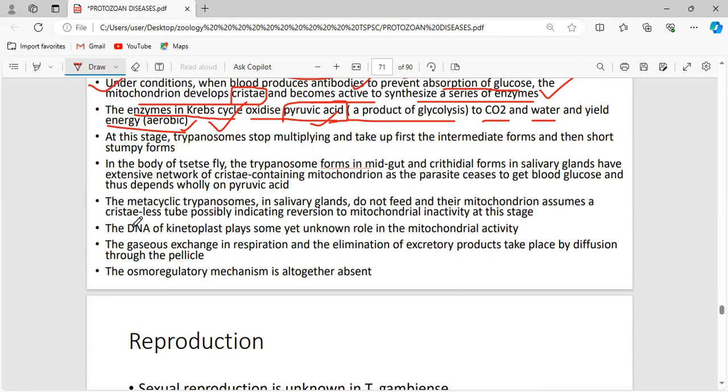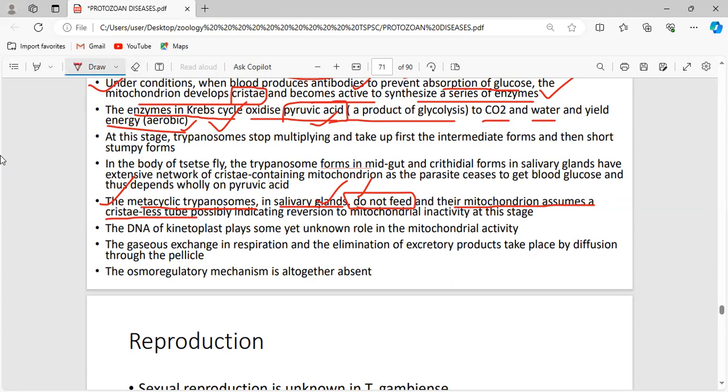Okay. Now, the metacyclic trypanosomes in the salivary glands do not feed. Which form of the trypanosomes? Metacyclic trypanosomes in the salivary glands. They do not feed, and their mitochondrion assumes a cristae-less tube, possibly indicating a reversion of the mitochondrial activity at this stage.